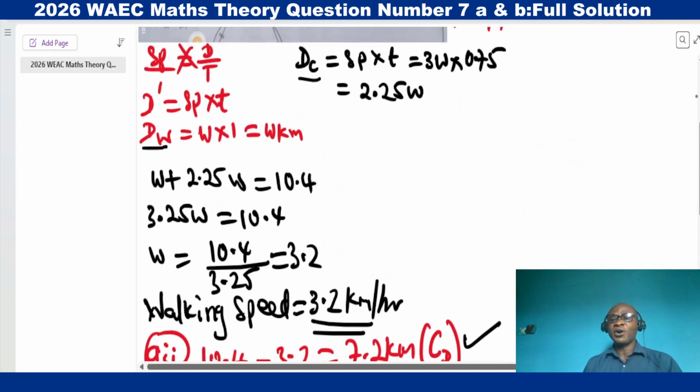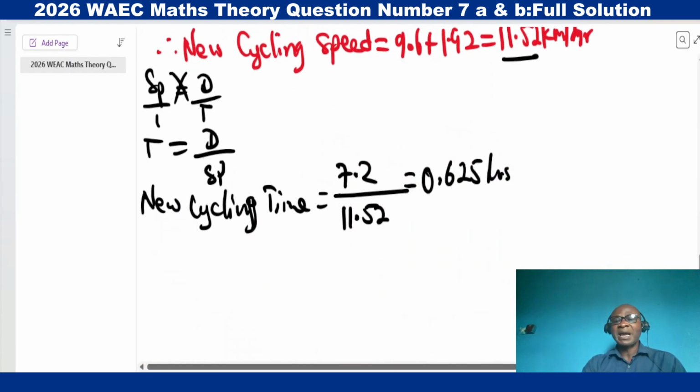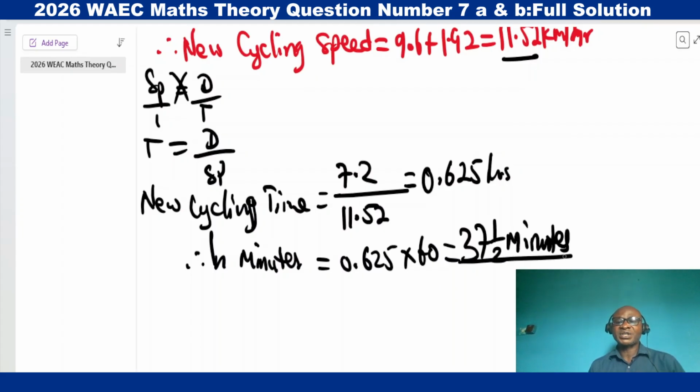To do that, I just multiply by 60. In minutes, it will be 0.625 multiplied by 60, and that gives me 37.5 minutes. Final answer for question number 7A.